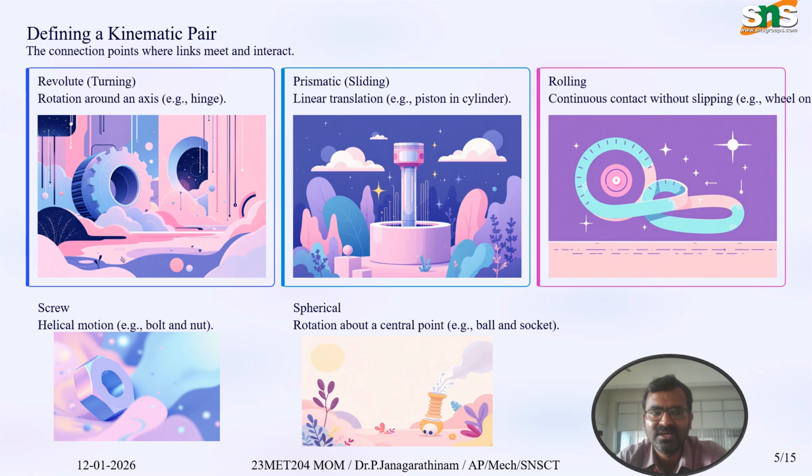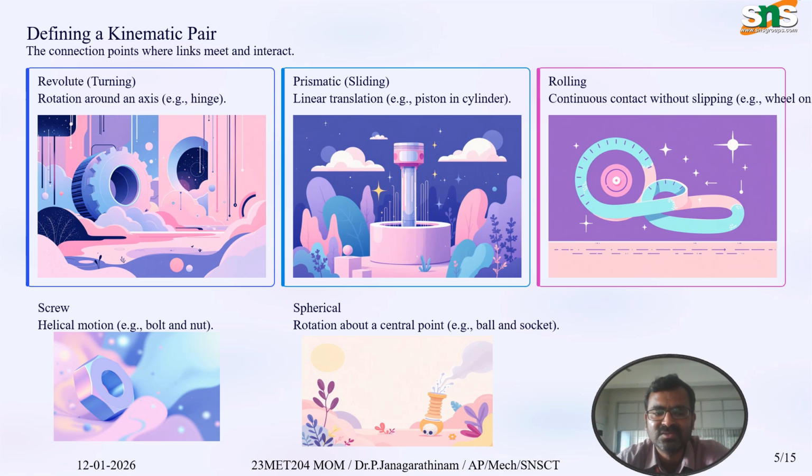Now, defining kinematic pairs: the different types are revolute or turning pair, sliding pair, and rolling pair. The connections or points where links meet and interact are known as kinematic pairs. Based on application and specification, we select among these pairs.